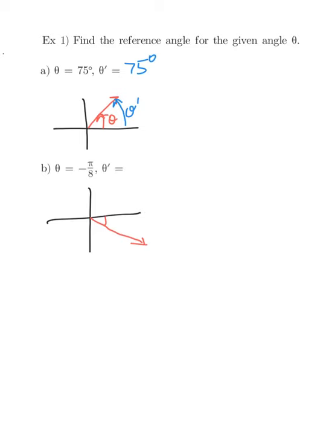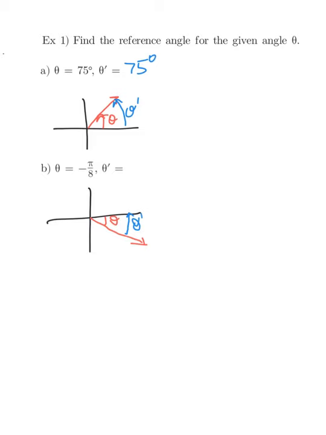We're only going down negative pi over 8. So there's our theta. When you are in the 4th quadrant, your reference angle is from where you ended to the x-axis in that quadrant. So that's our theta prime.